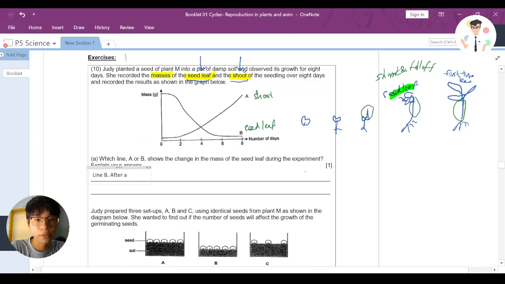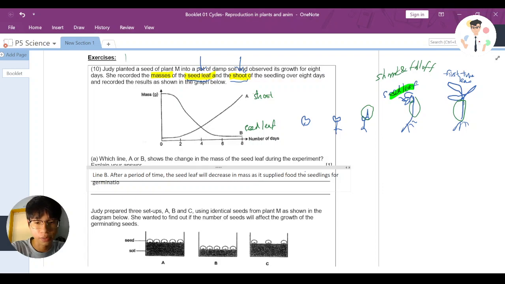After a period of time, the seed leaf will decrease in mass, why? Because it supplies food to the seedlings for germination. And the seedling later will grow what? Will grow the first true leaves.